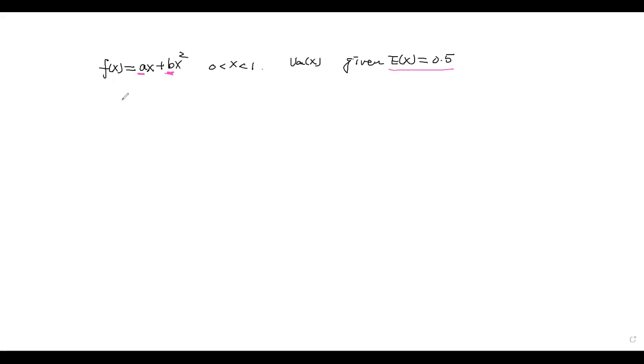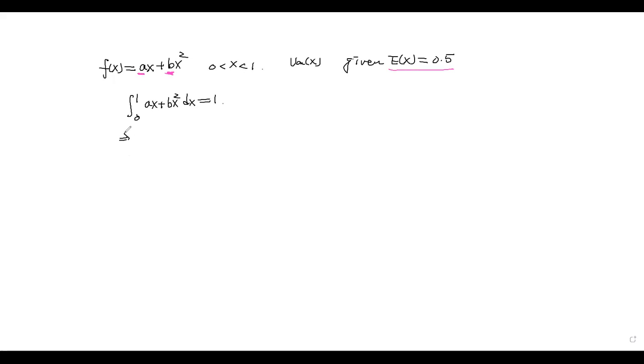So we know the integral from 0 to 1 of f of x, ax plus bx squared dx, has to be equal to 1. That's the very basic fundamental property of probability: when you integrate the PDF over the domain, it equals 1.